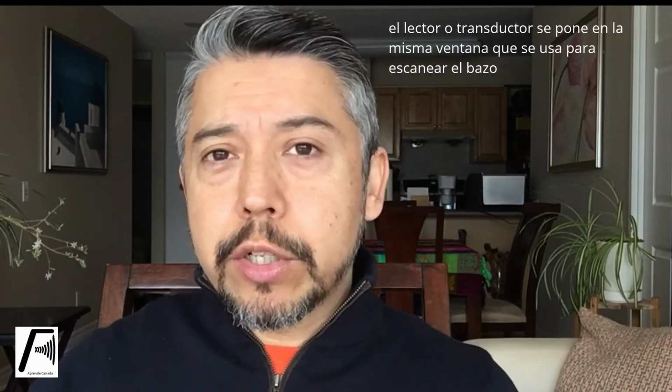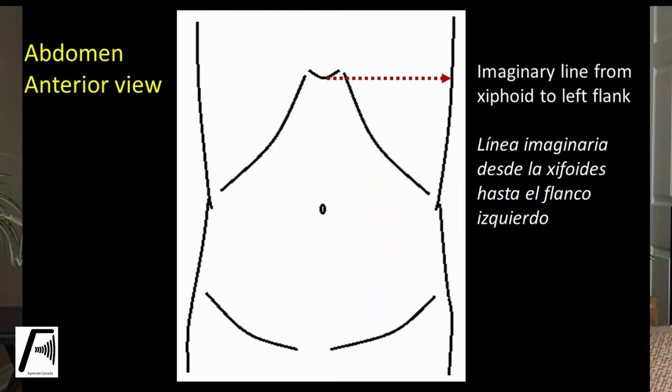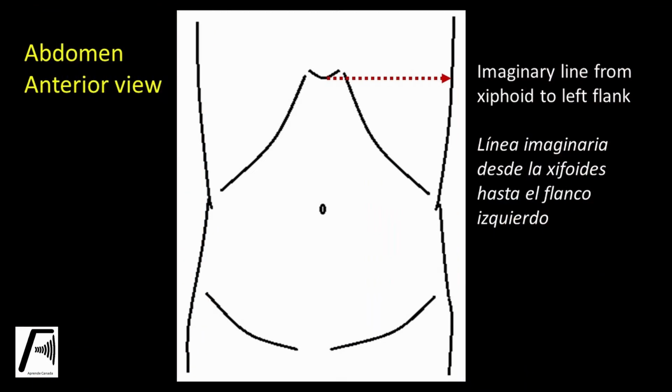I'm pretty sure you all know how to find the spleen, but for those of you who are starting or don't have a lot of experience, draw an imaginary line from the xiphoid process, right in the midline, all the way to the patient's left flank, almost reaching the stretcher.